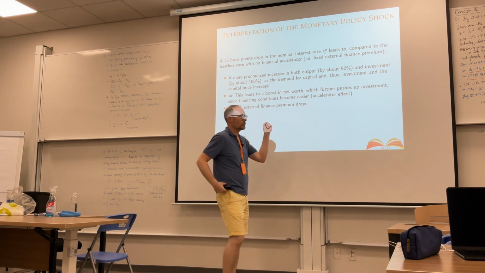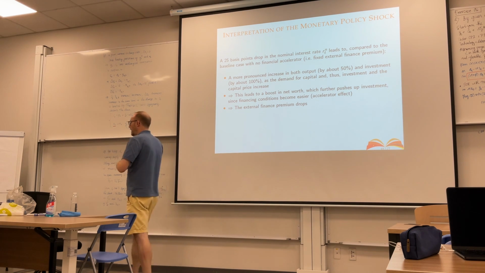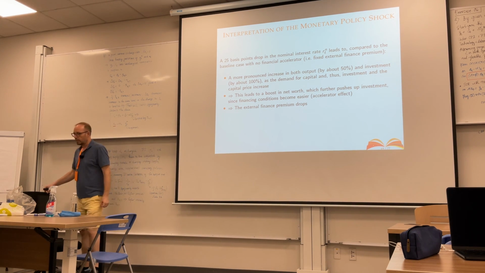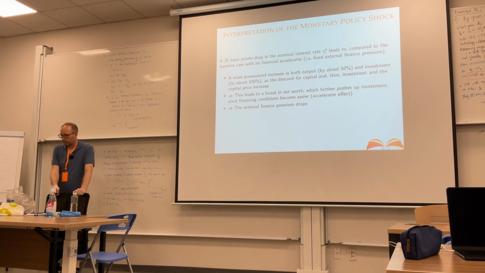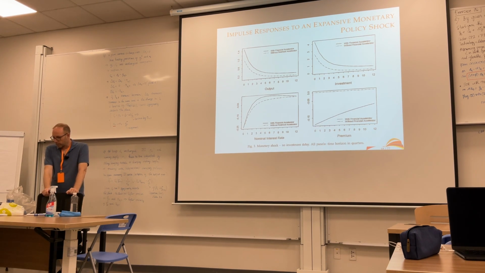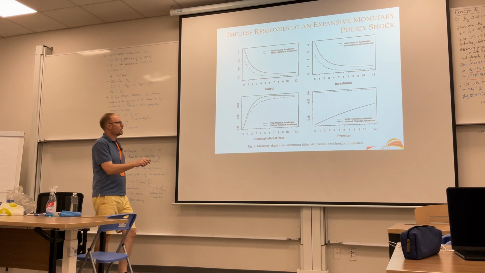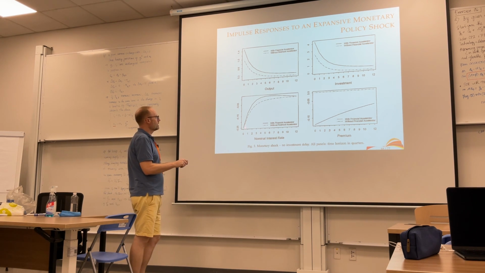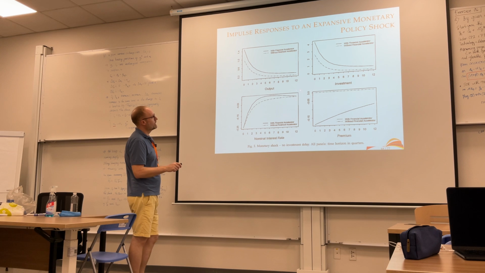We can do that by controlling this S or this psi function, or they're inversely related. And so what do we see? We have this drop in the nominal interest rate. This leads to an increase in output, an increase in investment.